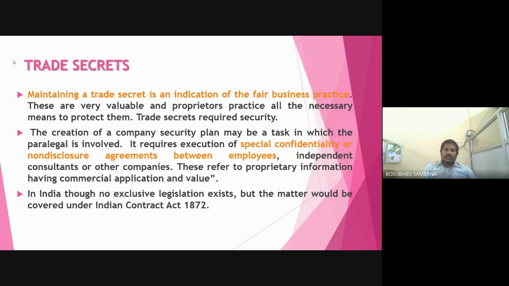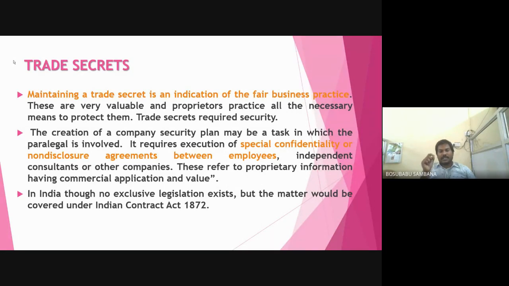Trade secrets require security. There is a Raviteja movie with Sunil also. In the movie, Raviteja expired, but 30 years later he suddenly wakes up. The mechanism in that movie is called a trade secret.